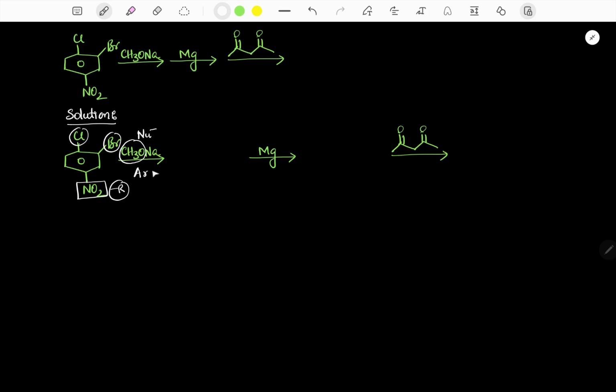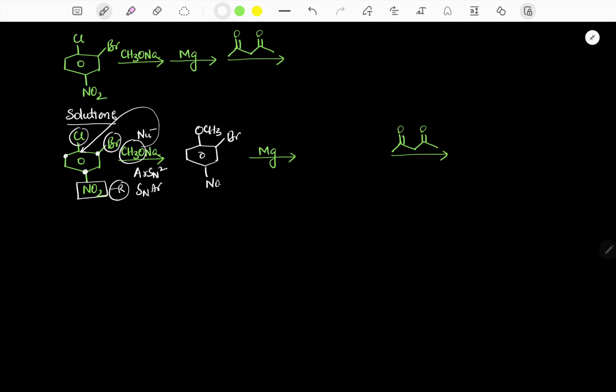Therefore it is an SNAr mechanism. Nucleophile attacks at this carbon, so C minus will form in the mechanism. This minus will be stabilized by minus R. Therefore here we have to remove the Cl and write down the corresponding nucleophile.